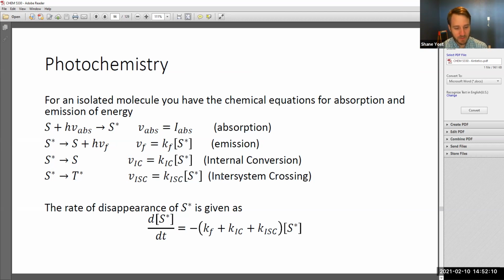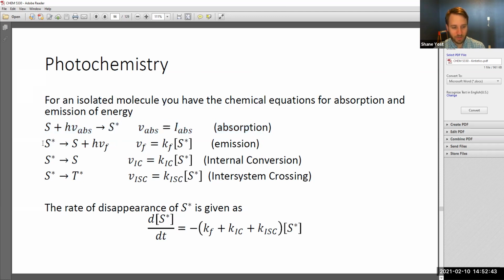And so the rate of disappearance, how much does the concentration of S star change as a function of time? Here I'm assuming that I've done my absorption and turned off my spectrometer, or whatever I'm using to shoot light at my object. It's no longer absorbing, so this equation goes away, because if there's no light, I can't absorb it, and this just never happens.